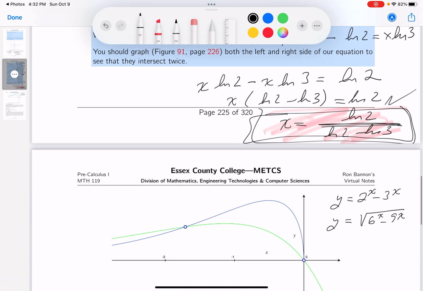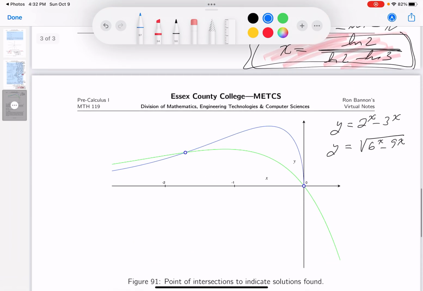Let's just talk about one thing at a time. Let's talk about the blue curve first. The blue curve is the root problem. The blue curve is this one over here. Now I want to do the other curve, the green one. The green curve is this curve over here.